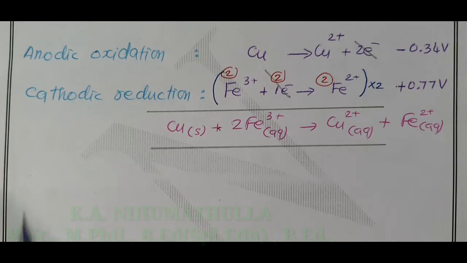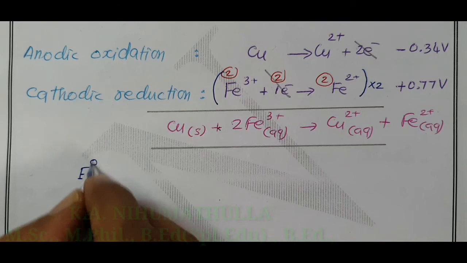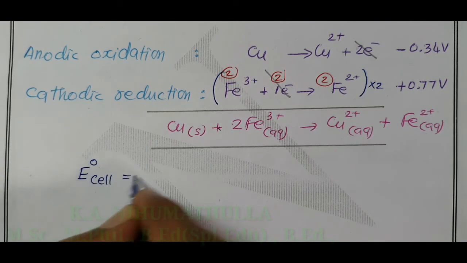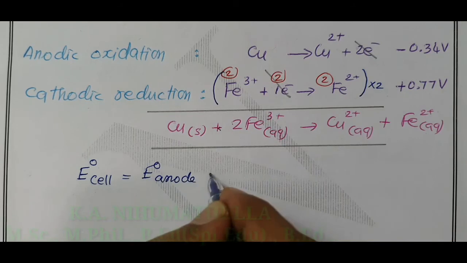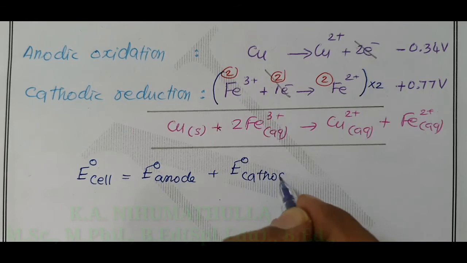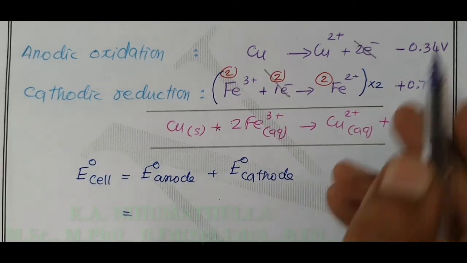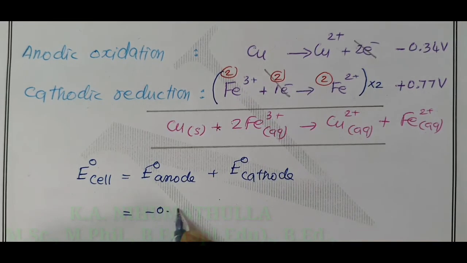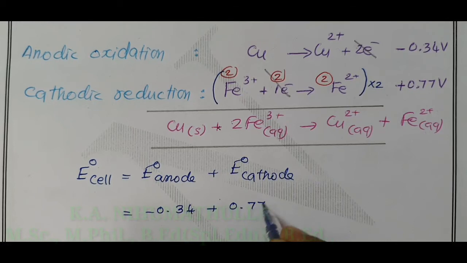Now, I write the formula used to calculate the standard potential. E0 cell is equal to E0 anode, where oxidation takes place, plus E0 cathode, where reduction takes place. That is equal to the E0 anode value, minus 0.34, plus the E0 cathode value, 0.77.